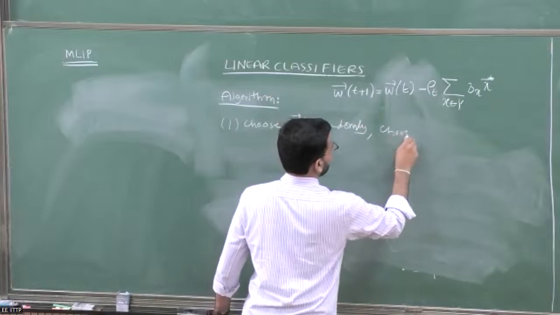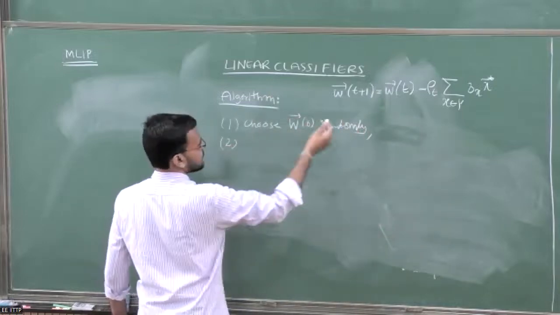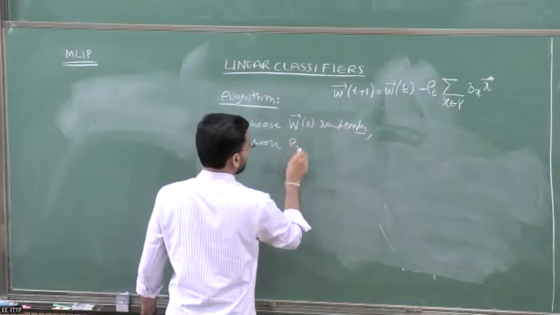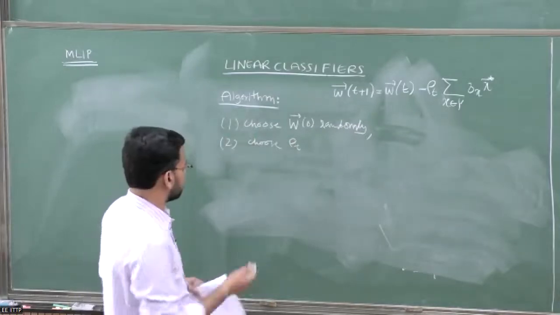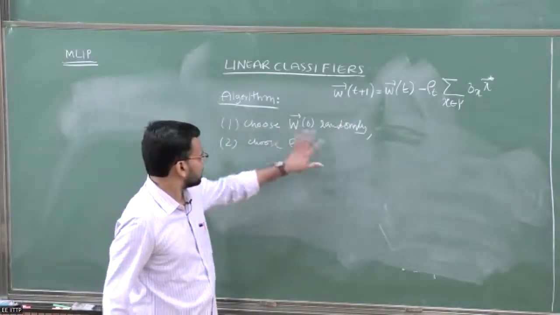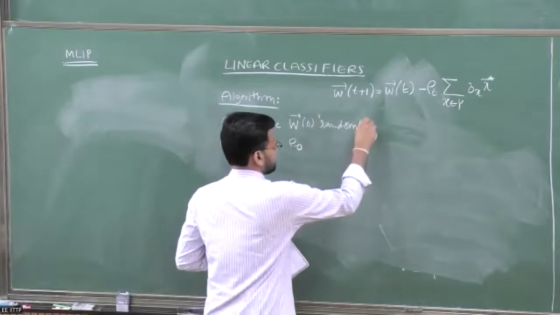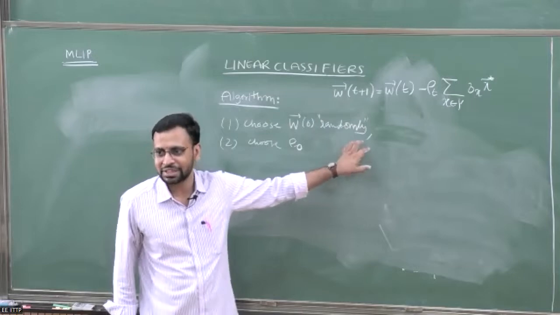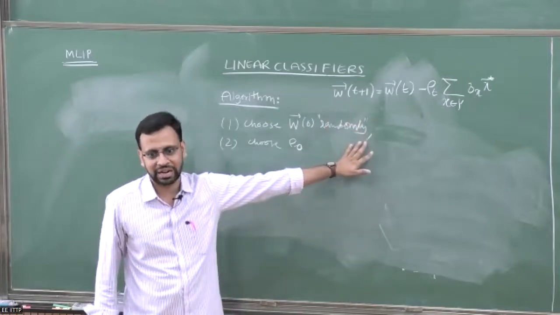You don't have to call it randomly for rho; with some empirical reasoning, you would choose rho t here, or you call it rho naught. For most of the, again, I would put this in double quotes here. I'm sure if you look into the literature, there will be better ways than choosing it randomly. But for our class, we choose it randomly.